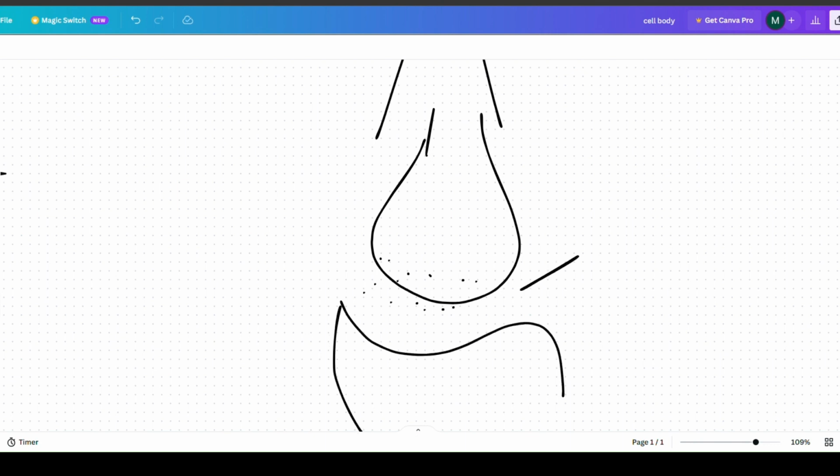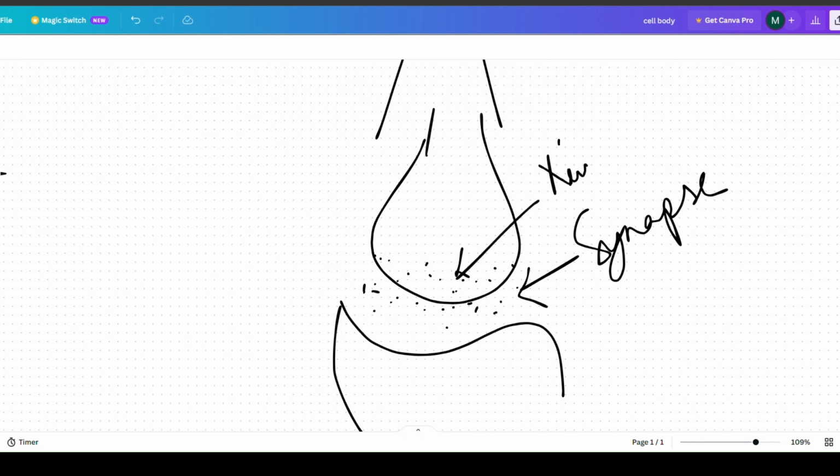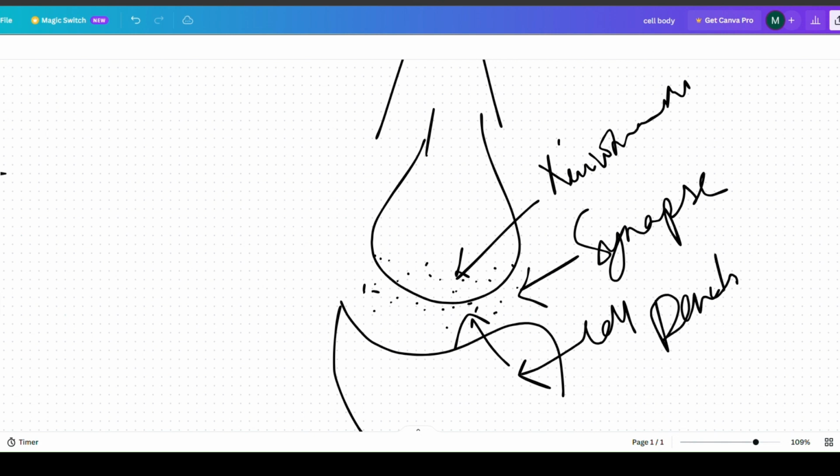So this gap is the synapse. The terminal button releases these chemicals, the neurotransmitters, and the other cell accepts them. Which part of the cell accepts? The dendrites. The synapse is just the gap between two cells.